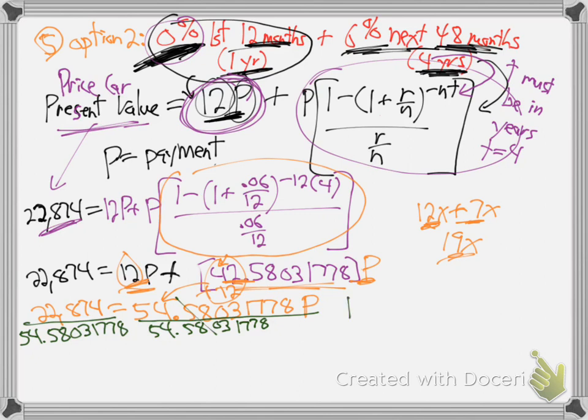This is gone. P's alone. Hit the buttons on your calculator. You get 419.09. You getting that? It rounds to that. So that's the payment for option 2.